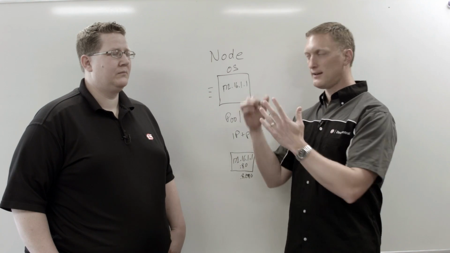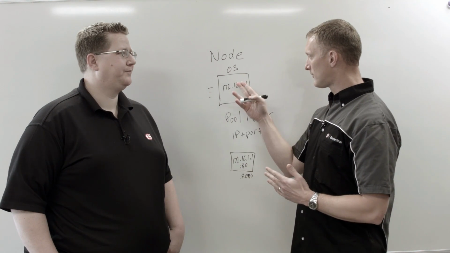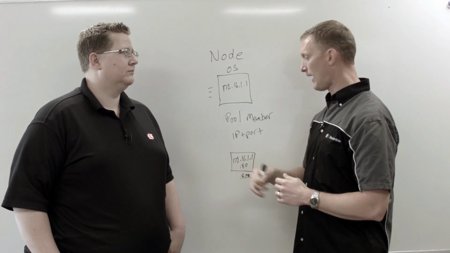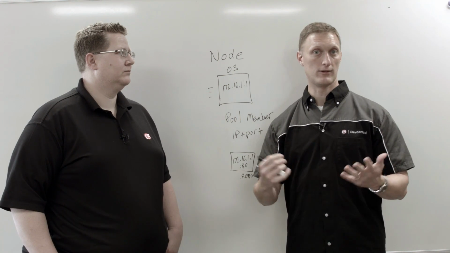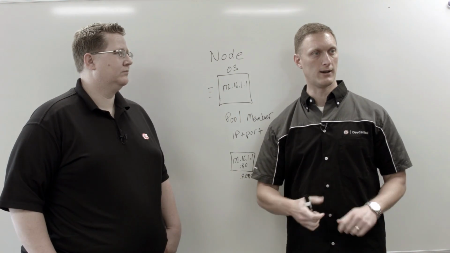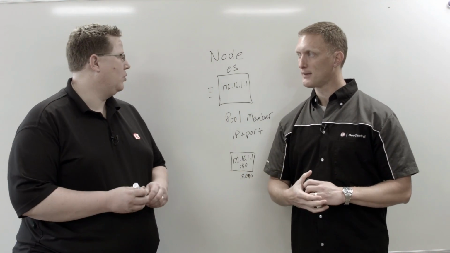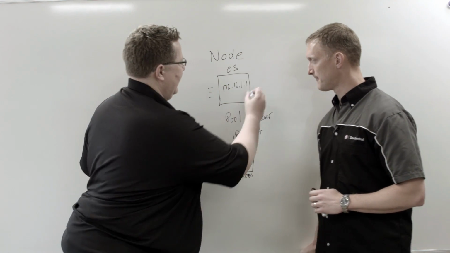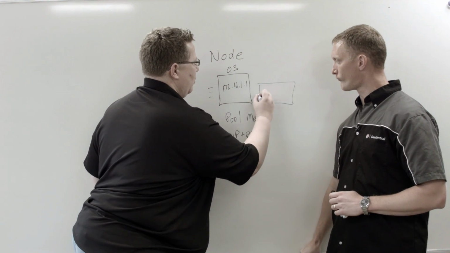So anyway, you've got the idea of node and pool, which is server IP, or IP plus the port, which is the service that it's running. And real quick on a pool, you might have the same port or multiple ports.